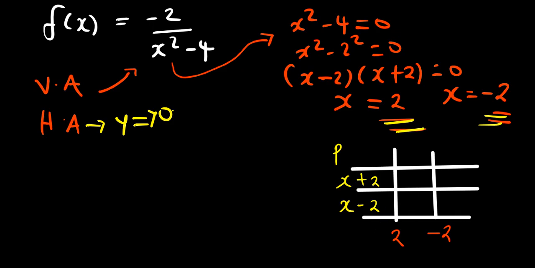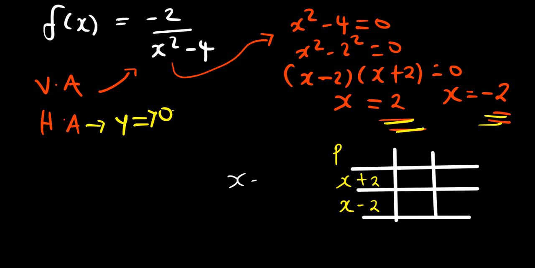So if we have x minus 2, if we look for a number that is between 2 and negative 2 and replace it in that equation, what are we going to have? Let me put these ones in order, starting from the smallest one to the biggest one.